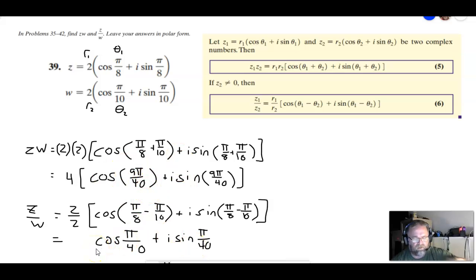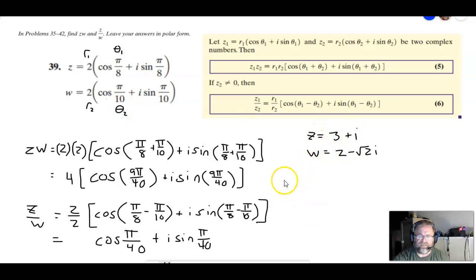Now, there are a few here that are given to us in the A plus BI form. Let me do a quick example. Let's say z is equal to 3 plus I and w is equal to 2 minus square root of 2 I. Then it's not as quickly apparent what the R1, R2, theta 1, and theta 2 are, so we have to use the formulas.